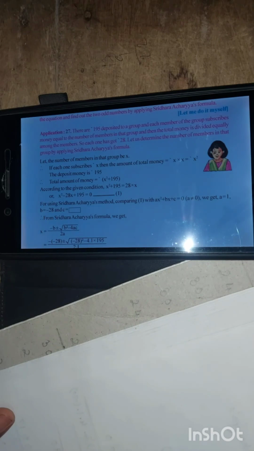Now let us determine the number of members in that group by applying SRIDHARA ACHARYA'S formula. There is a group, let us say there are x number of members in that group.